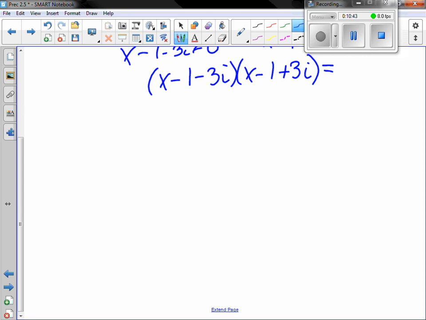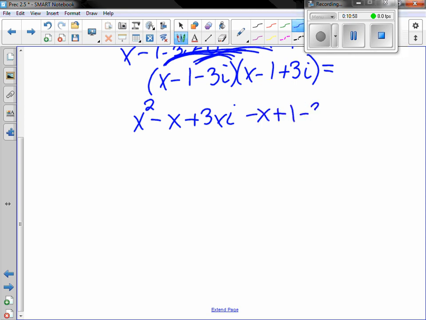Because x times x is going to be x squared. X times negative 1 is negative x plus 3xi. Then we'll do the same thing with negative 1. You get negative x plus 1 minus 3i. And lastly, we'll get minus 3xi plus 3i minus 9i squared. Well, the negative 9i squared is just the same as plus 9, yes?